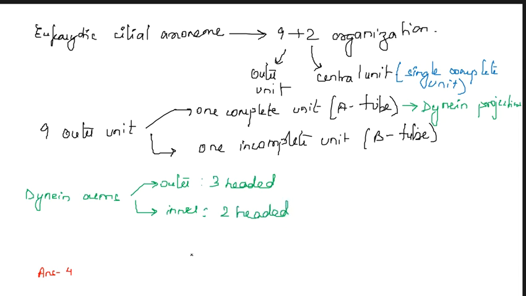Okay, and these 9 complete units are towards the periphery. This 9 is towards the outer side. We say they are in the periphery. And these peripheral units are interconnected to each other by a protein named nexin. So these 9 outer units are interconnected by a nexin bridge.